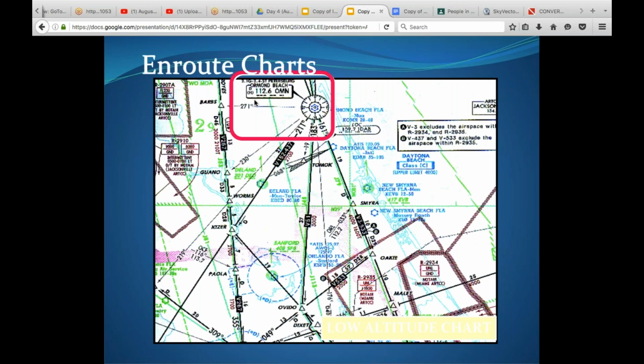You guys heard me say this a couple minutes ago: we've got high VORs, low VORs, and terminal VORs. What's important to know about these VORs is what we call a service volume. How big is that service volume? How far does that signal reach?